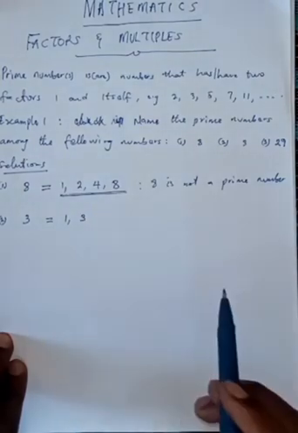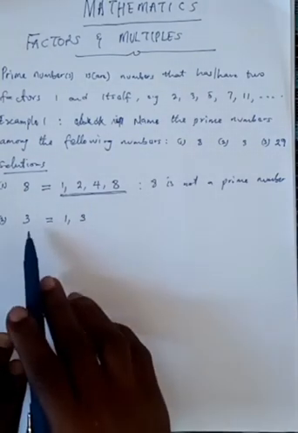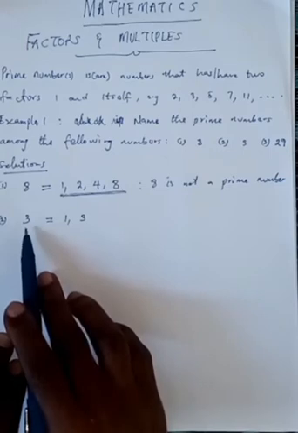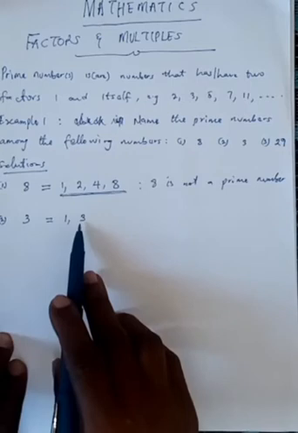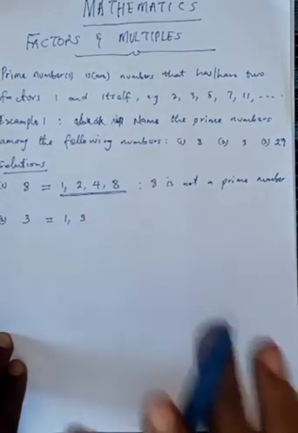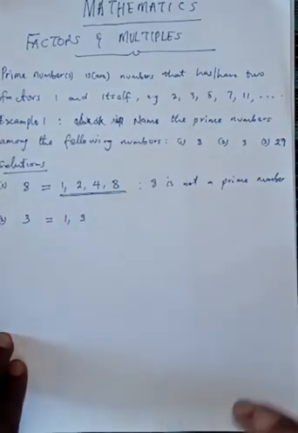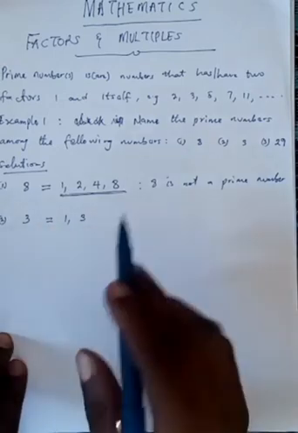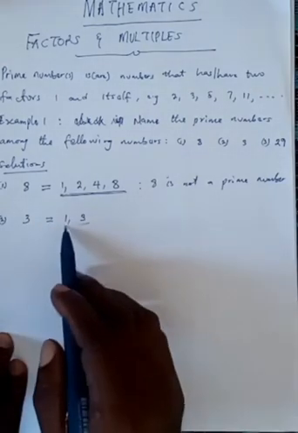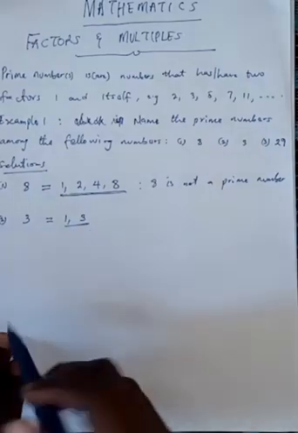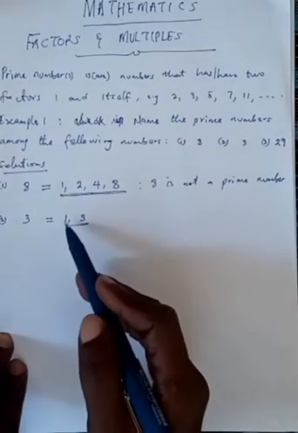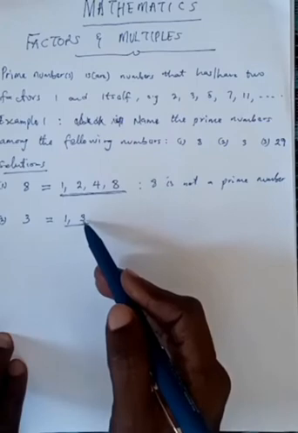I remember I told you the other time that the maximum factor any number has is that number itself. So as soon as we are able to divide by that number itself, that means we are done with its factors. So these are all the factors that 3 has. When we look at this very well, we see that it has just 2 factors: 1 and that number itself.